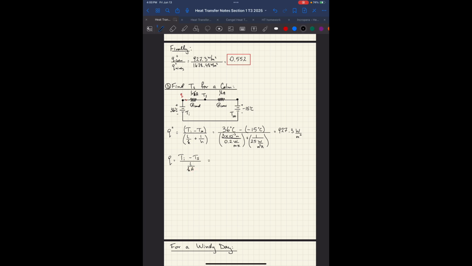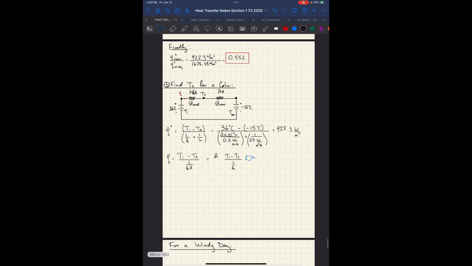So that is going to show up on top, so it's going to be A, and now we're going to have Ti minus Ts over L over K. From here, we can basically move the A to the other side, like so, and we get Q flux.